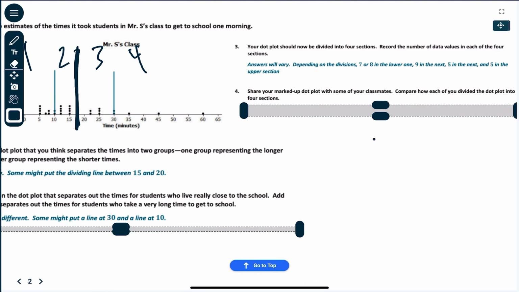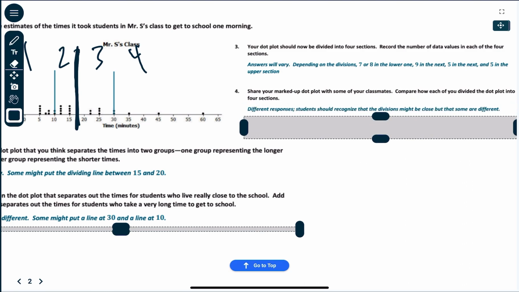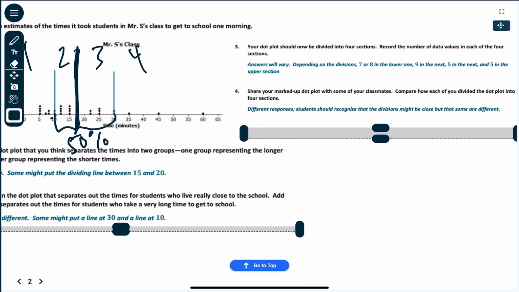Now, here we go. So, if we think this dark line here between the 2 and the 3 is the middle, then there should be about 50% of the students that are within this time frame. Okay, just need to remember.